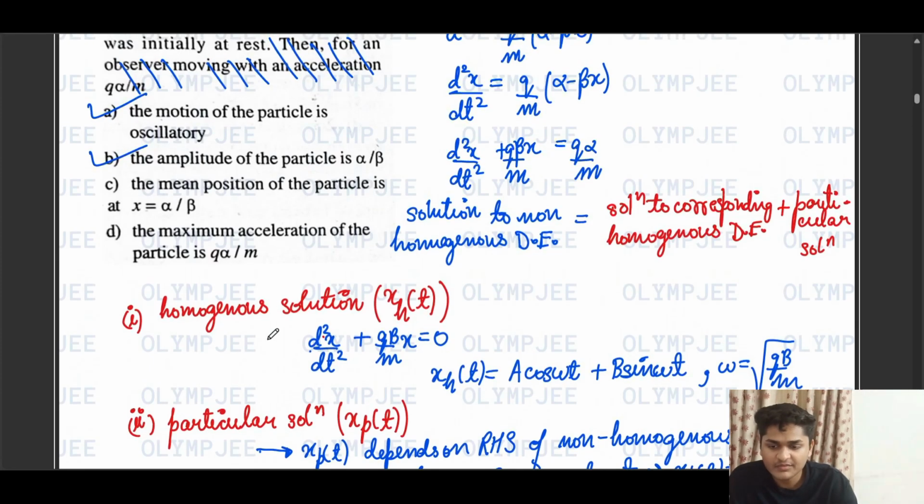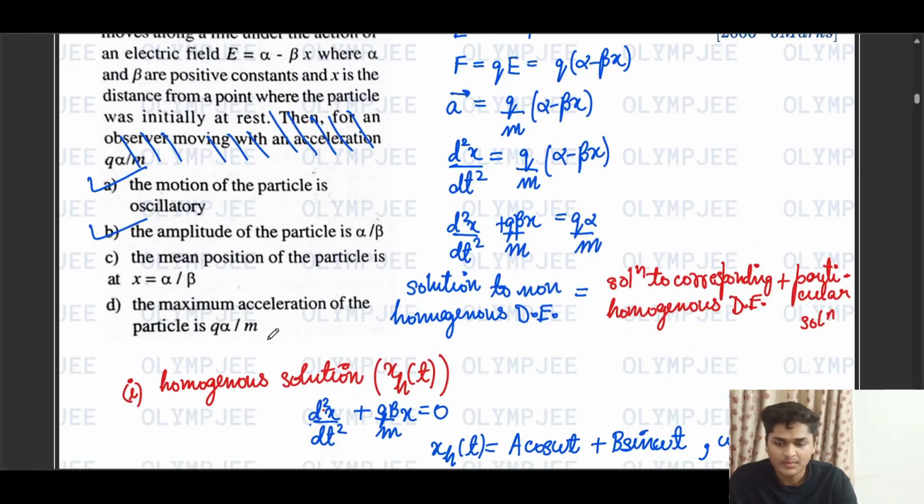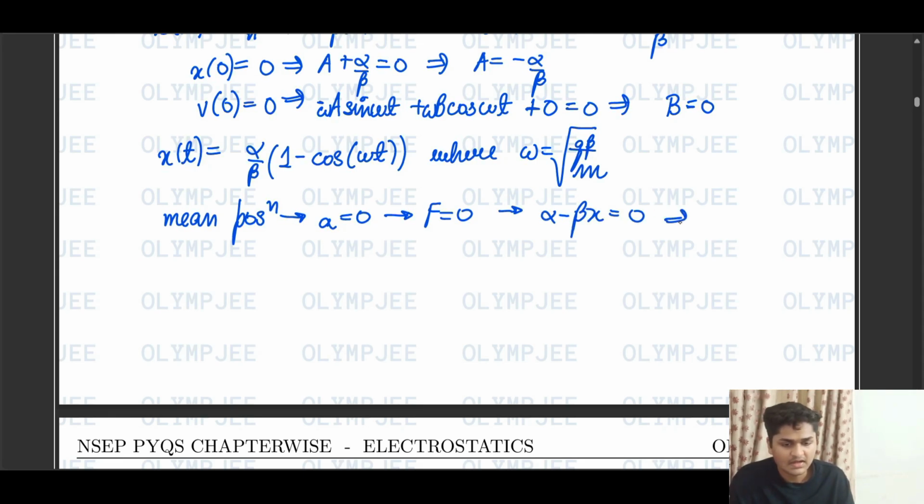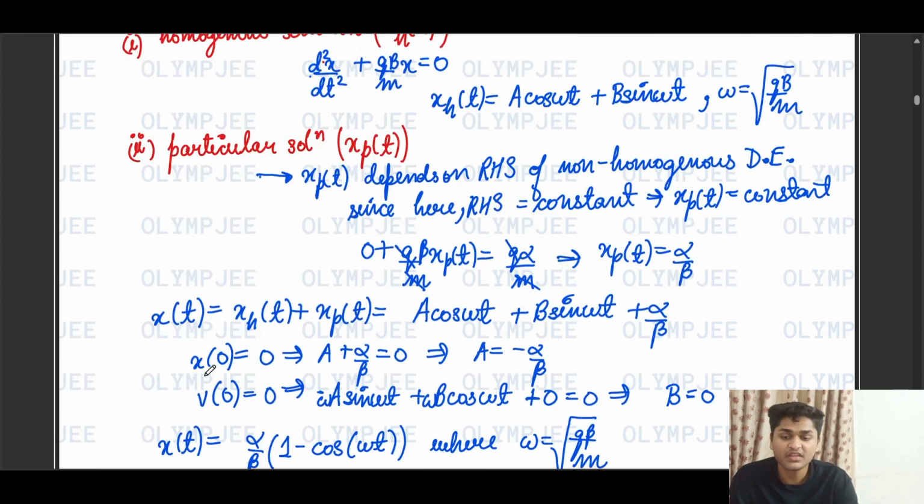The mean position of the particle is at x is equal to alpha by beta. Mean position is when the acceleration is equal to 0. So that implies that force is equal to 0. So alpha minus beta x should be equal to 0. That gives us x is equal to alpha by beta. So option C is also correct.